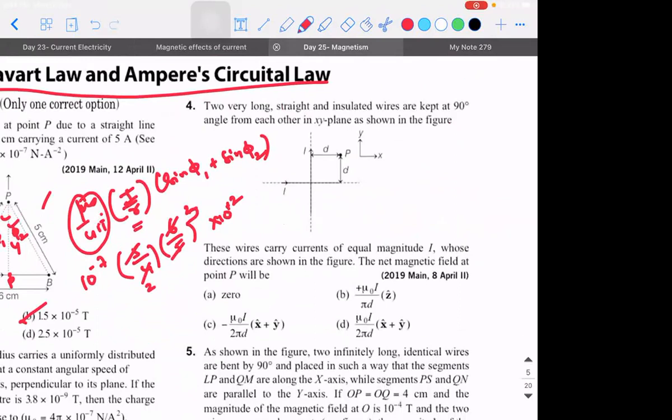Okay? Fourth: two very long straight and insulated wires are kept at 90 degrees angle from each other in the xy plane as shown in the figure. These wires carry currents of equal magnitude I, whose directions are as shown in the figure. The net magnetic field at the point P will be how much?